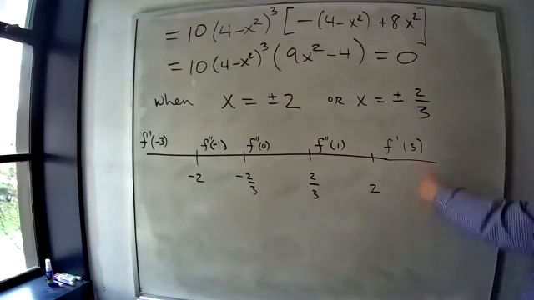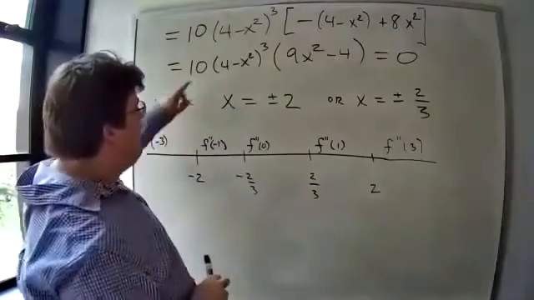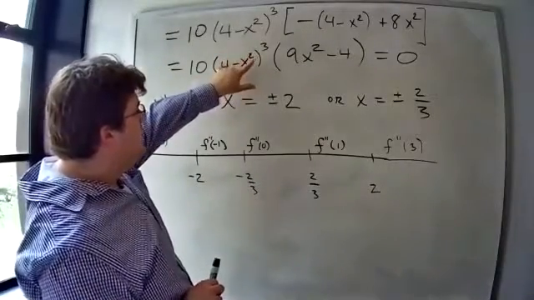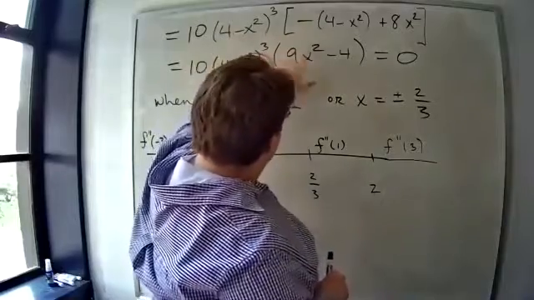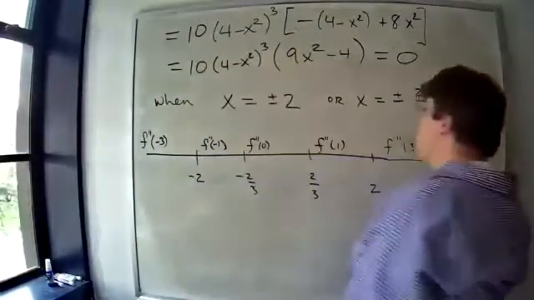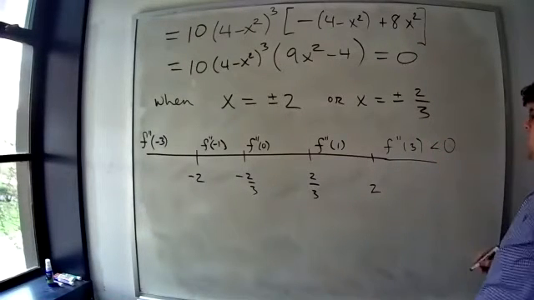So f double prime at 3. Well, we have a 10, which is positive. 4 minus 9 is negative. Negative cubed is negative. So we have positive times negative. Here we have 9 times another 9 minus a 4. That's going to be positive. So positive, negative, positive gives us a negative.